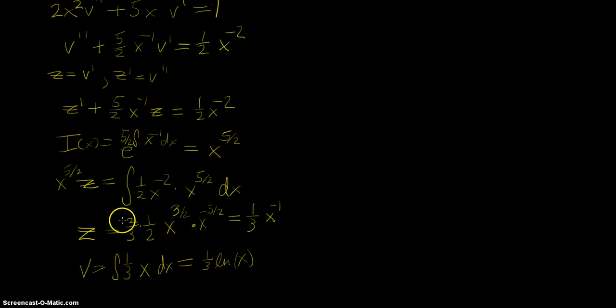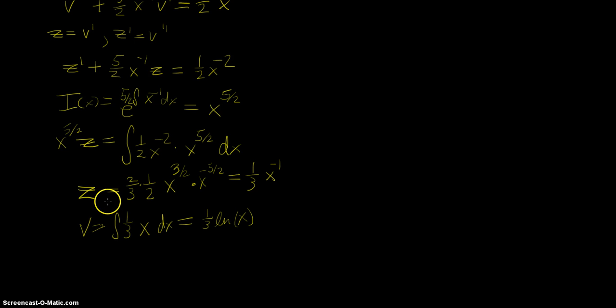And we find that z equals 2/3 times 1/2 times x to the 3/2 times x to the negative 5/2, which simplifies to 1/3 x to the negative 1. And since z is v prime, we integrate z in order to find v.